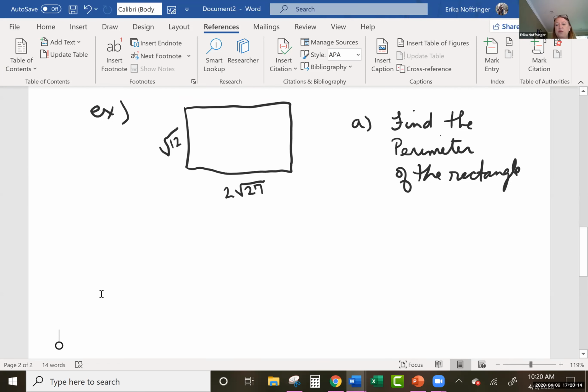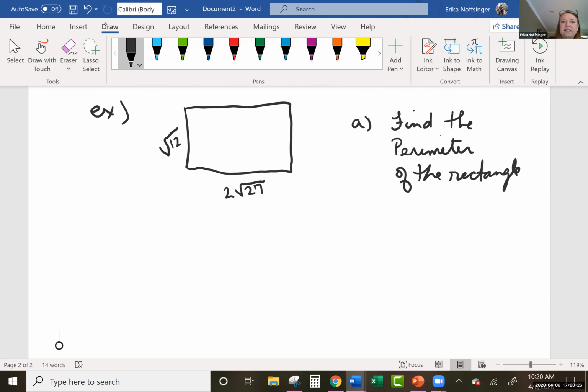Okay, so perimeter, all that's telling you to do is sum all the sides of that rectangle. So perimeter for a rectangle is your width plus your width plus your length plus your length.